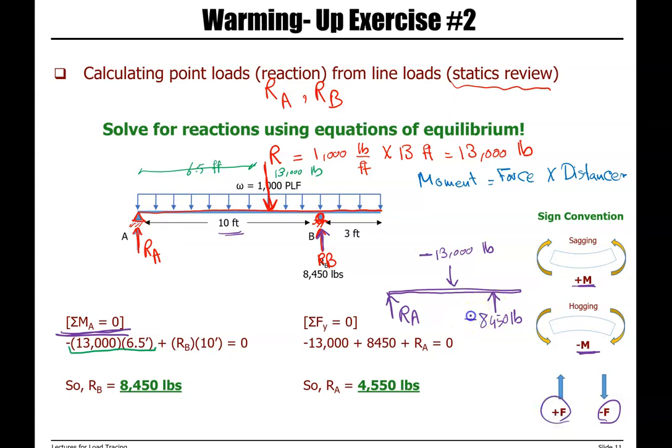Upward, we're going to use a positive. Minus 13,000 plus 8,450 plus reaction at point A is equal to 0. And when you solve, you get 4,550 pounds for reaction at point A.